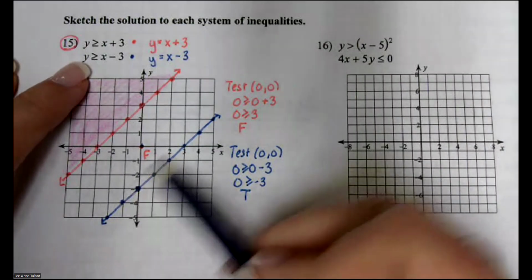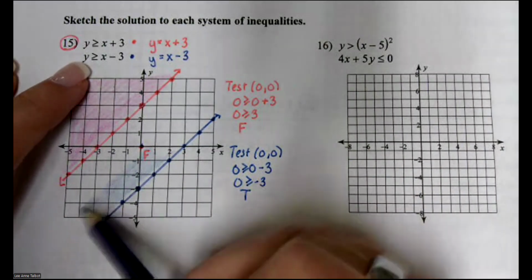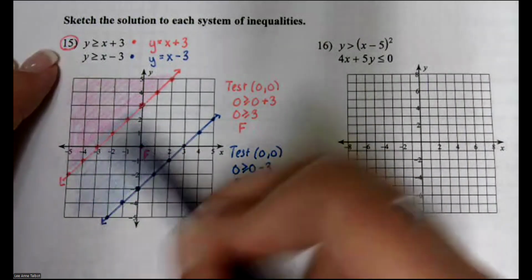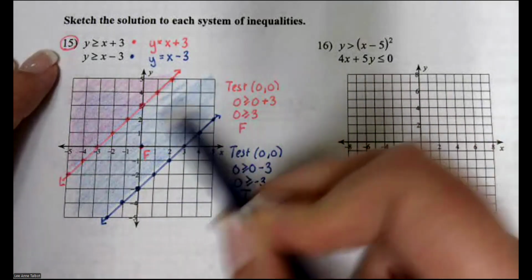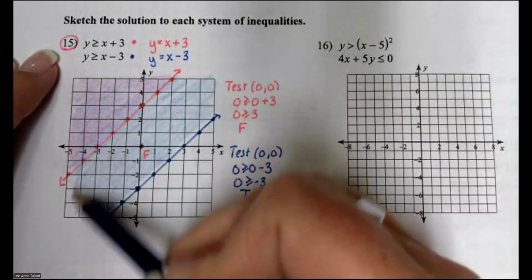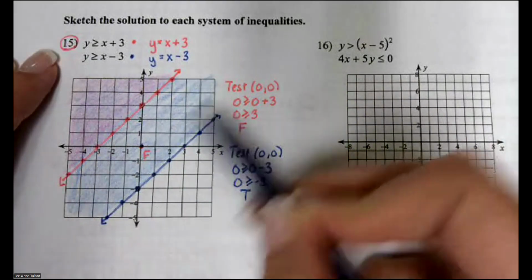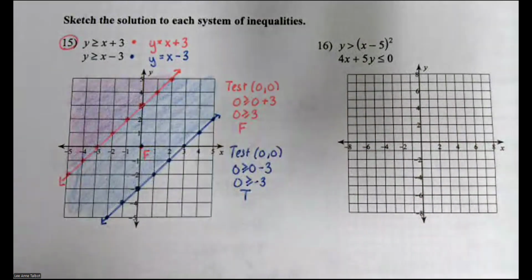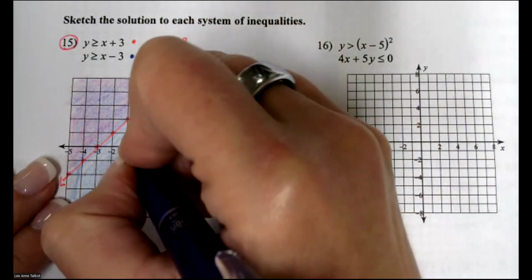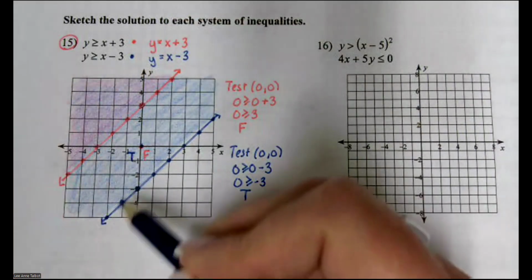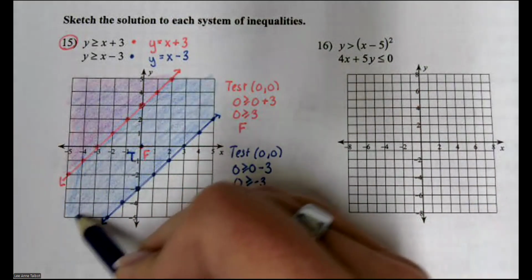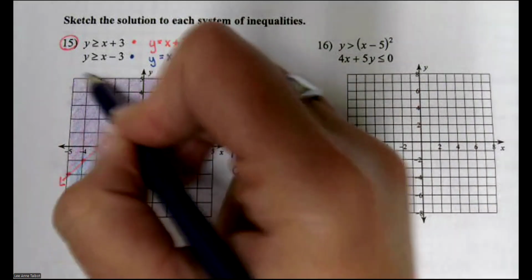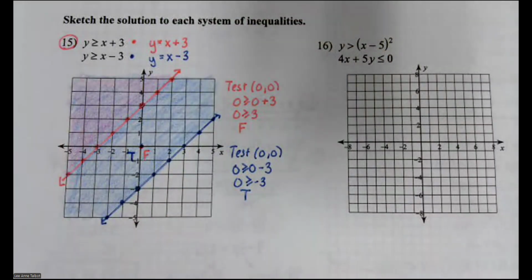Okay, now this is weird because you got a shade over top of that other shading. So that's your double shaded region. Kind of pretty, actually.